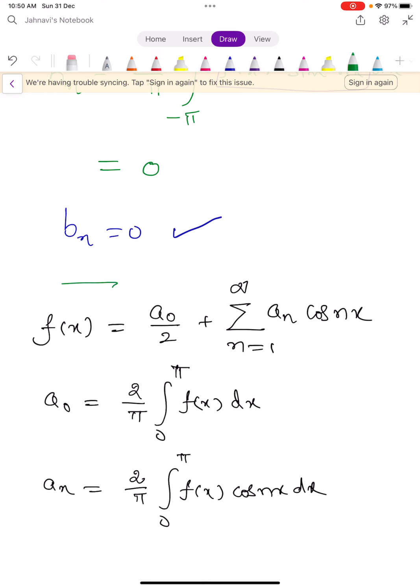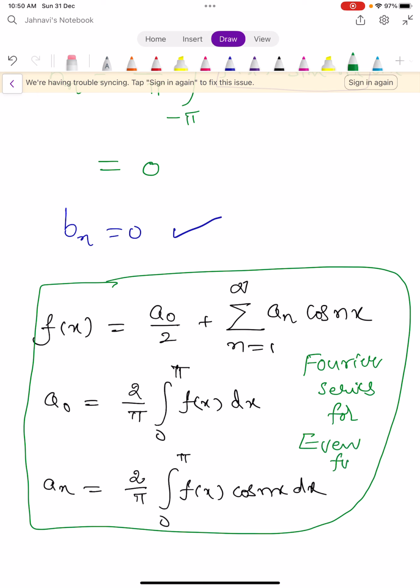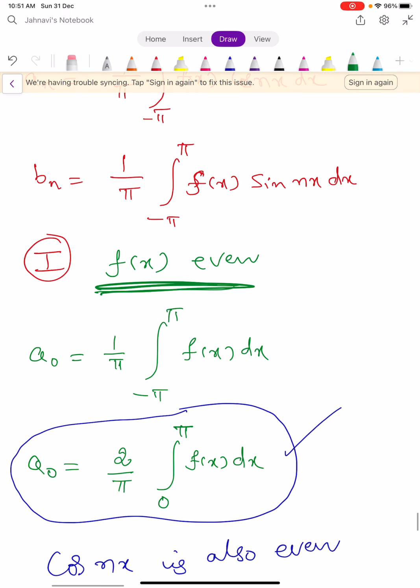This is known as the Fourier series for an even function. Remember that in case of an even function, bn is always 0. This is case 1, whenever f of x is even.